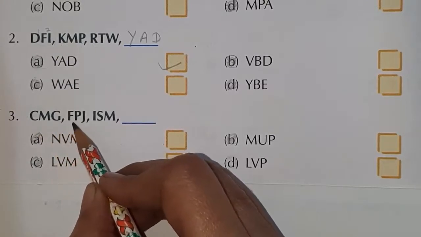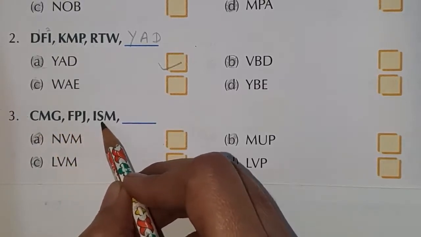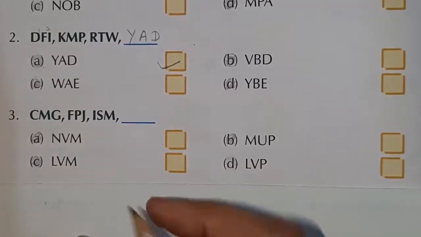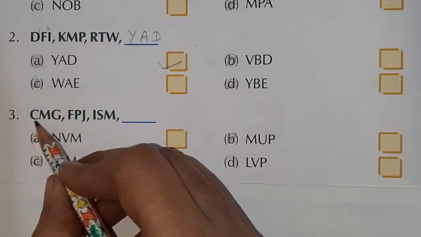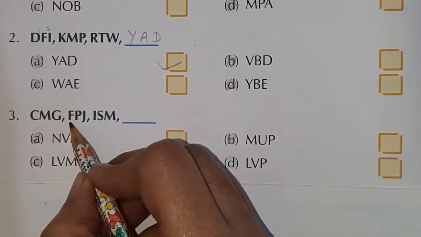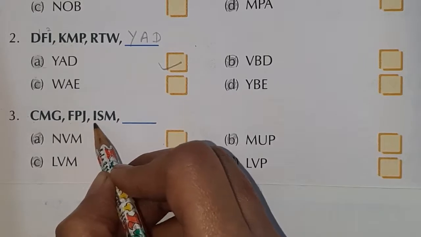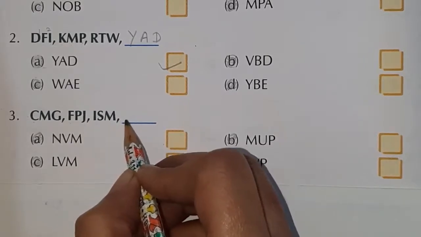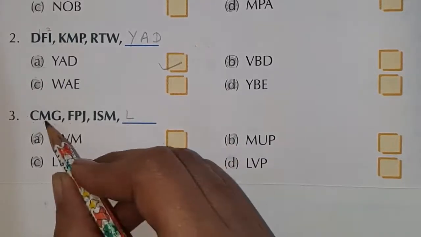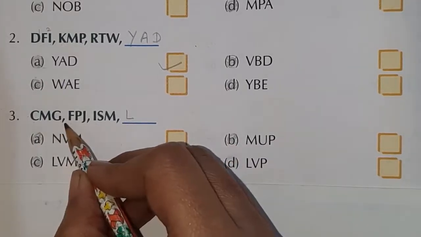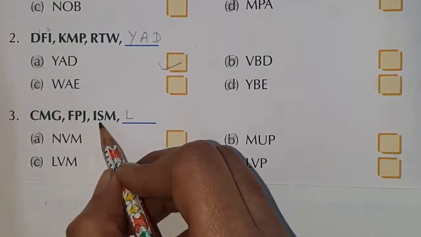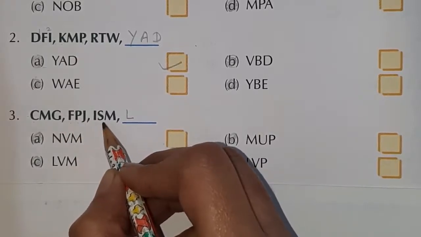Third question. C M G, F P J, I S M. C. DE is left. F is there. GH is left. I is there. JK will be left. L will come. M. NO. Leaving NO, I took P. Leaving QR, S. After S, TU.